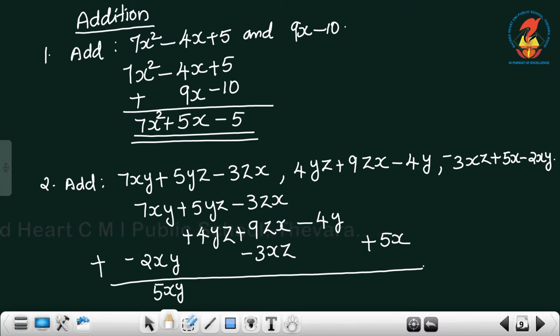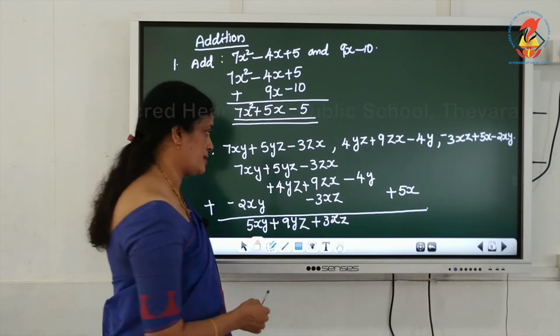5yz plus 4yz is 9yz. Minus 3zx plus 9zx equals 6zx. 6zx minus 3xz equals plus 3xz. 3xz and 3zx are also the same term, so you can write it as 3xz or 3zx.